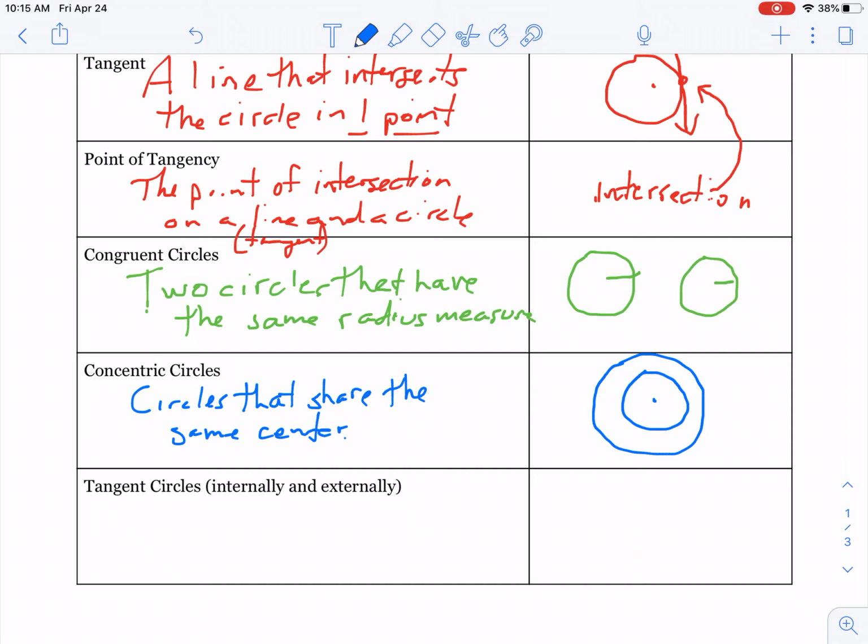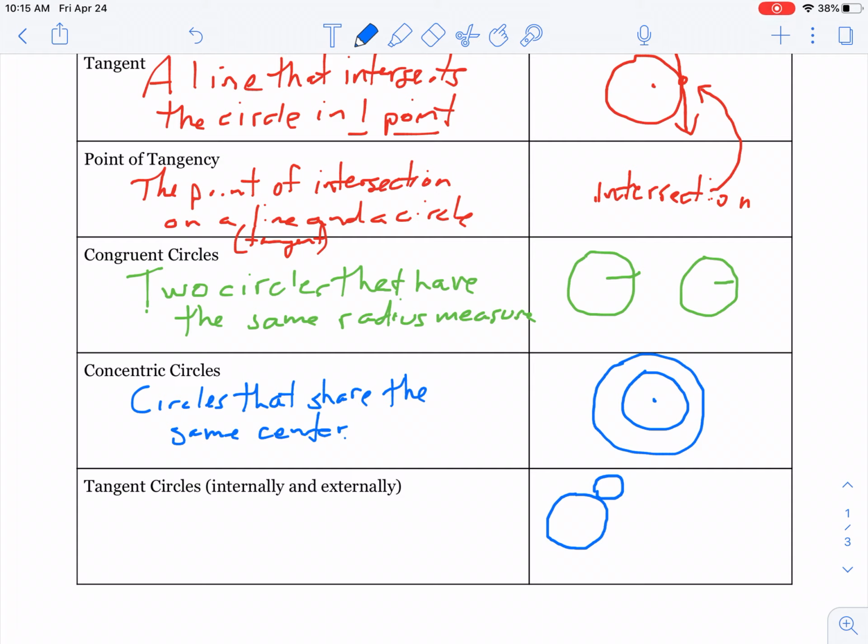And then lastly, for defining these types of circles, we've got tangent circles. And we really talk about this in two ways. We've got an external tangent, which is where you've got two circles where one of them is outside of the other one and they intersect at one point.